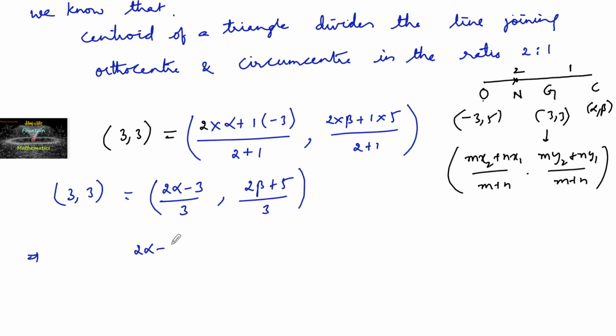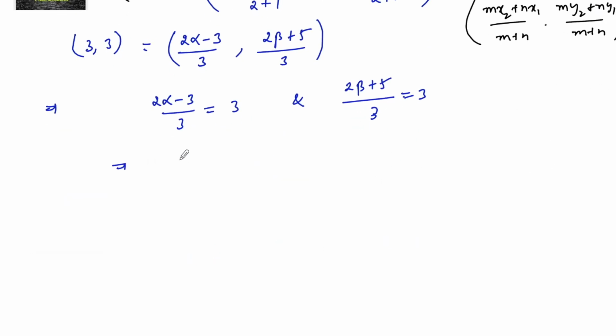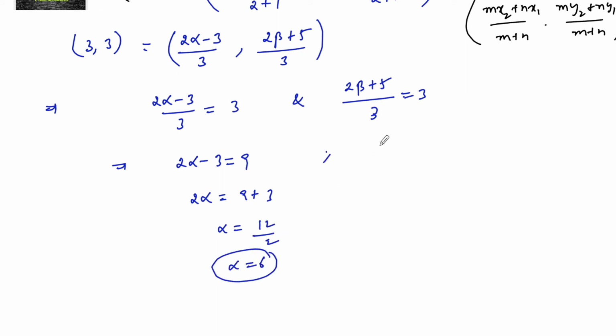So we have (2 alpha minus 3) upon 3 is equal to 3, and (2 beta plus 5) upon 3 is equal to 3. 2 alpha minus 3 is equal to 3 3s are 9. 2 alpha is equal to 9 plus 3. So alpha is equal to 12 upon 2, so alpha is equal to 6. And here 2 beta plus 5 is equal to 3 3s are 9, and 2 beta is equal to 9 minus 5.